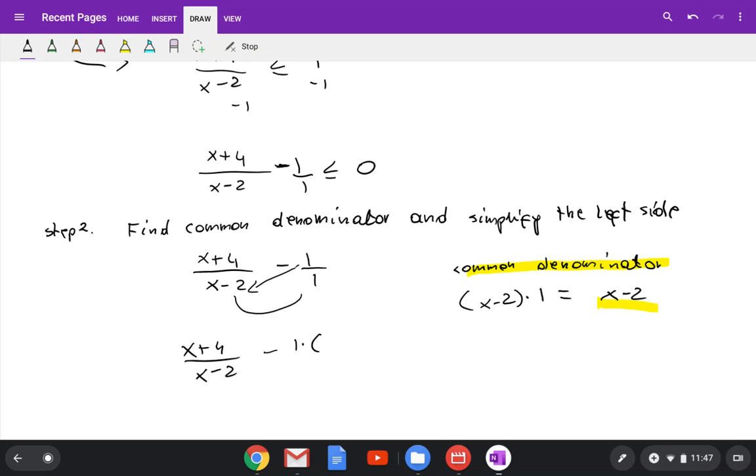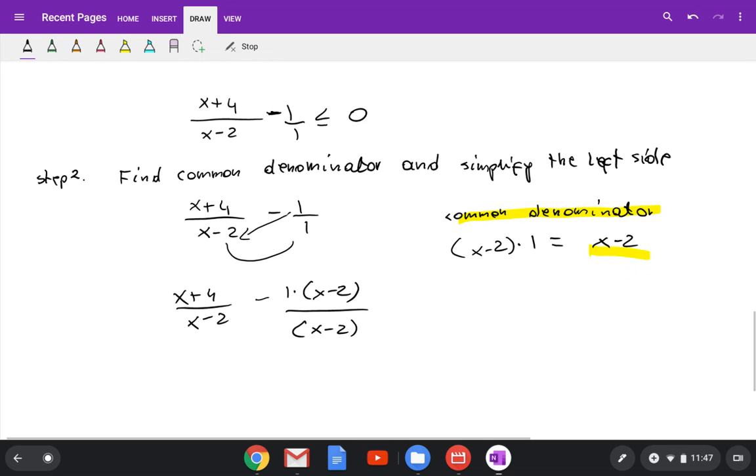So you have 1 times x minus 2 over x minus 2. Okay, so like you see, we didn't change the left side because x minus 2 divided by x minus 2 is technically 1, but we're doing this operation to get the common denominator. And like you see, x plus 4 is still x plus 4, because if you multiply x plus 4 by 1, you're getting the same thing.